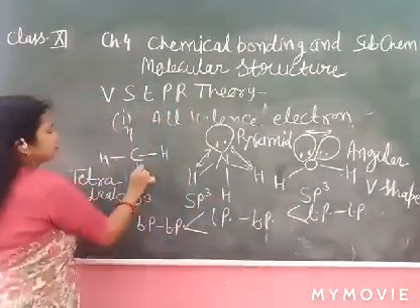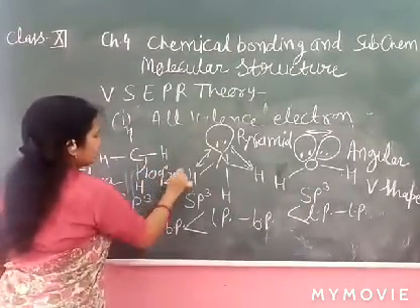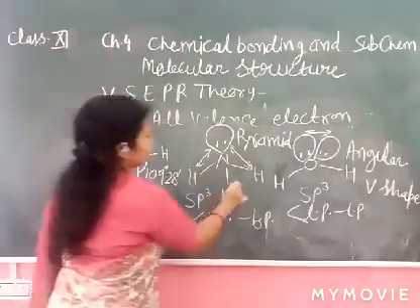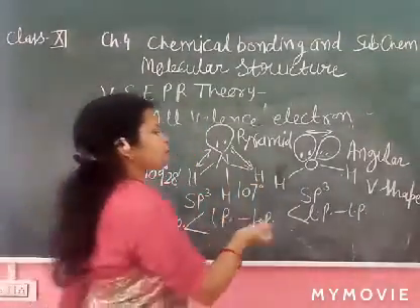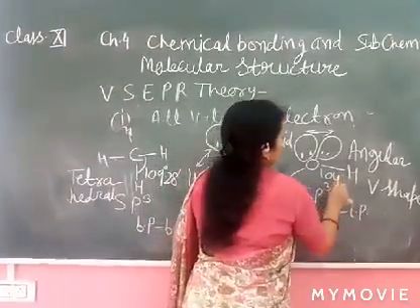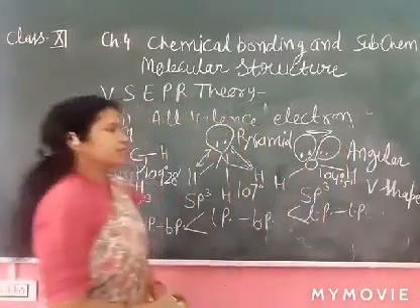The bond angle in methane is 109 degrees 28 minutes, in ammonia almost 107 degrees, and in H2O 104 degrees 5 minutes. This is the bond angle.